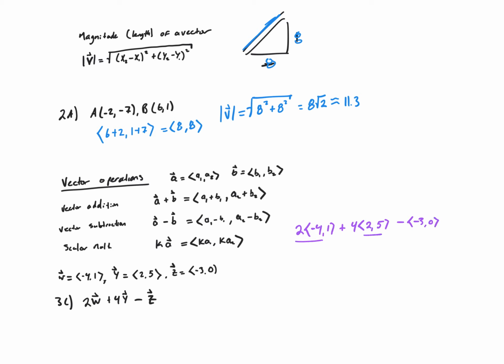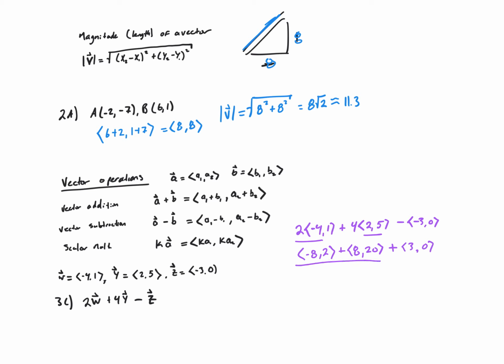Let's go ahead and simplify these down. So it's going to be negative 8, 2 plus 8, 20 minus, actually I can go ahead and say plus 3, 0, right? Because it's like a negative 1 distributed into those.